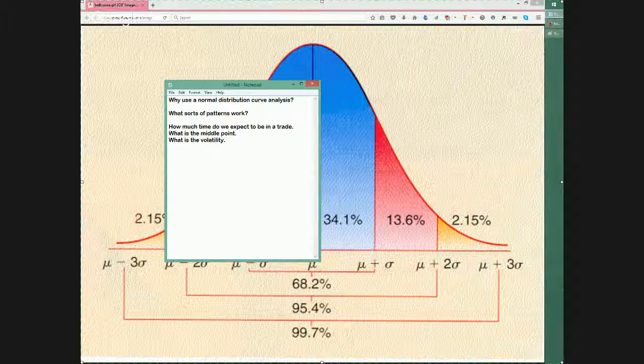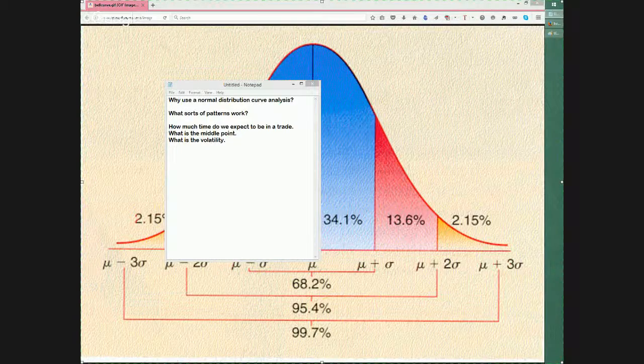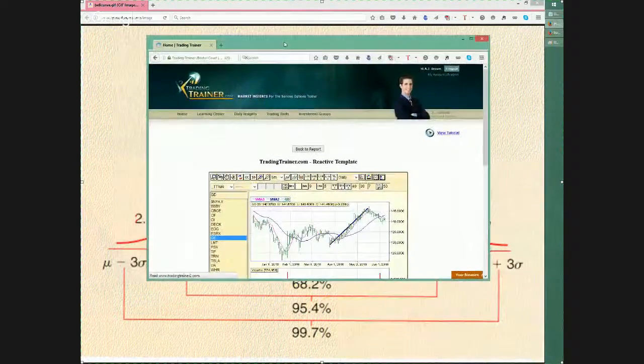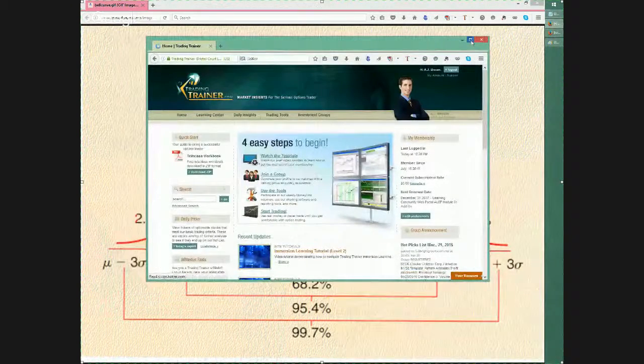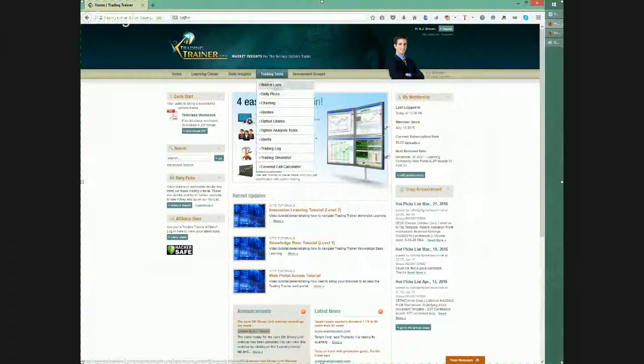Historical volatility is calculated by, let's just pull something up here. I'm actually going to log into my Trading Trainer web portal. This is a web portal we use with our learning community participants. I'm just going to go over here to charting.